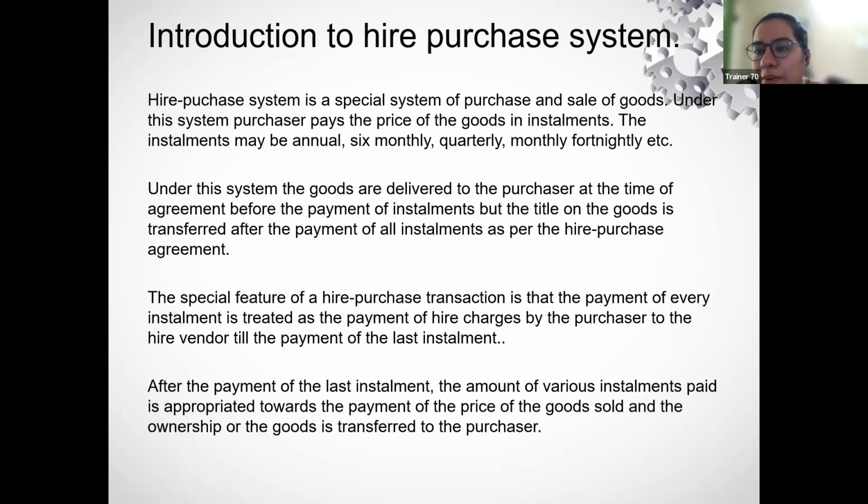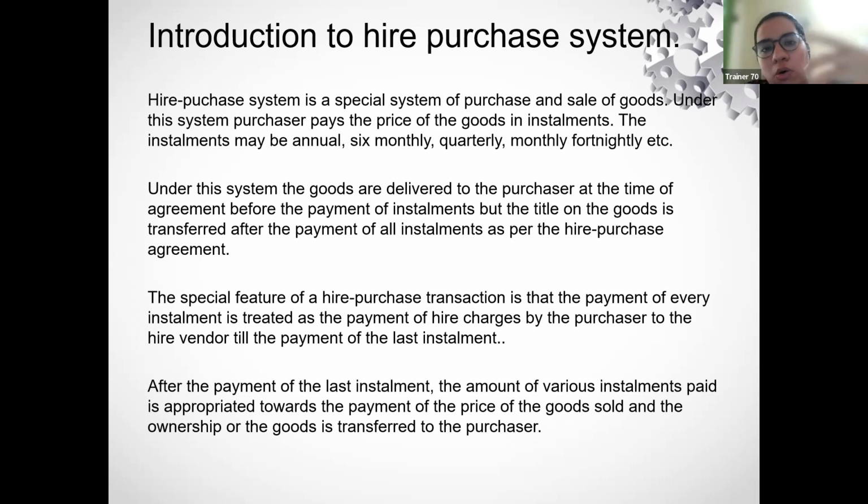After that, what will happen? The vendor, the seller of the good, will come and take the product away from you. That is his right, because you are the defaulter, you have not paid the installment. The seller or vendor of the good has the right to take the possession of your good also.